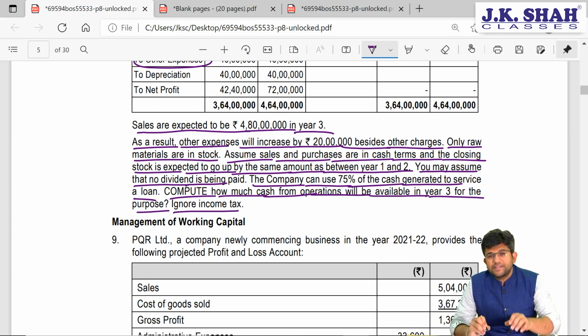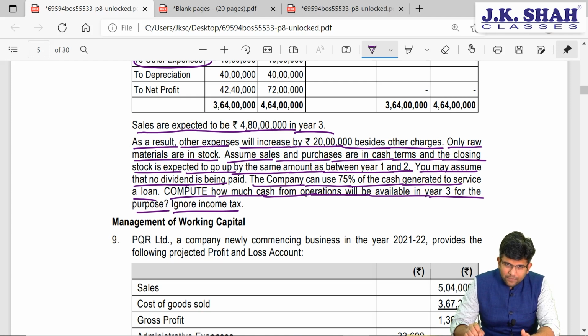Now students, when they say cash from operations, I hope you are reminded of cash flow statement. Now, when you used to do cash flow statement to calculate cash from operations, children, there used to be 2 methods. One was the direct method and one was the indirect method.